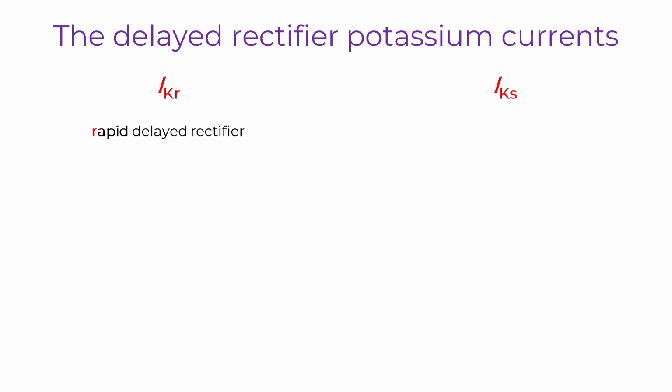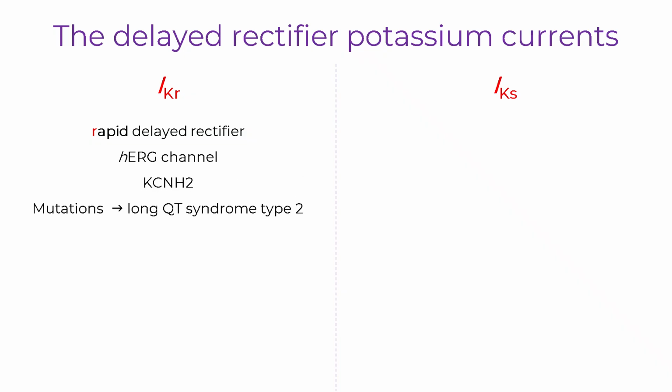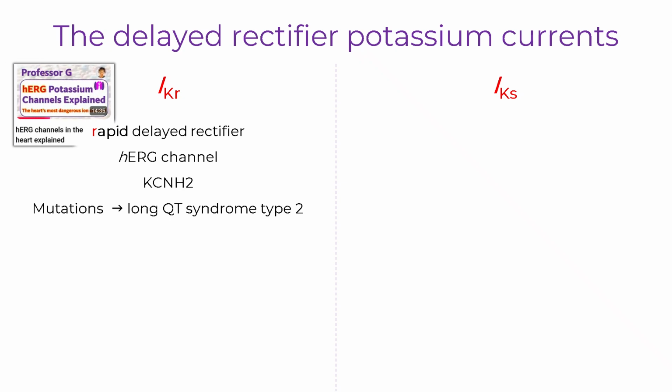IKr is carried by the hERG potassium channel, encoded by the KCNH2 gene. Mutations in this gene cause congenital long QT syndrome type 2. I've covered the structure, drug sensitivity, and unique properties of the hERG channel in detail in a separate video, so I won't repeat that here.